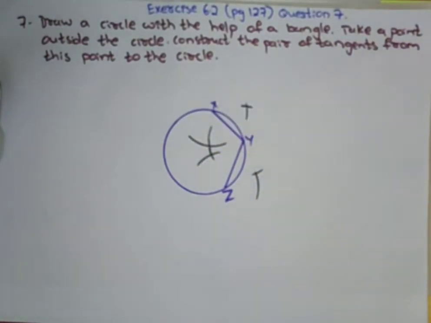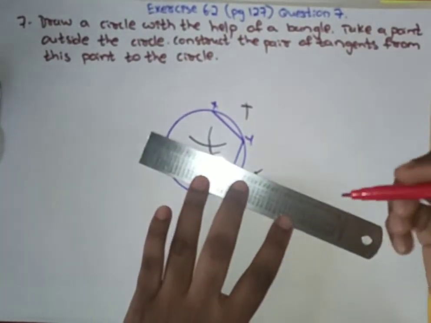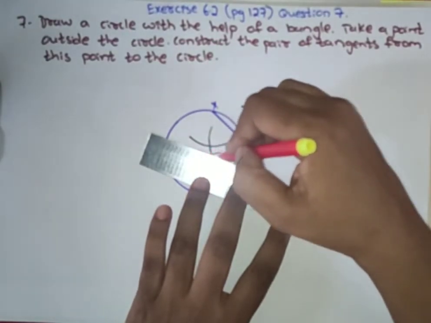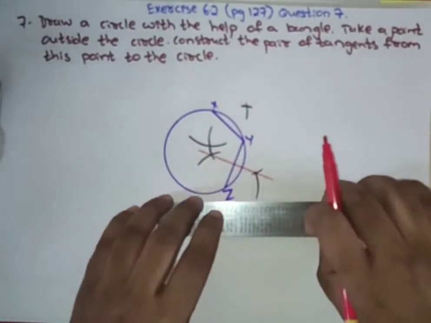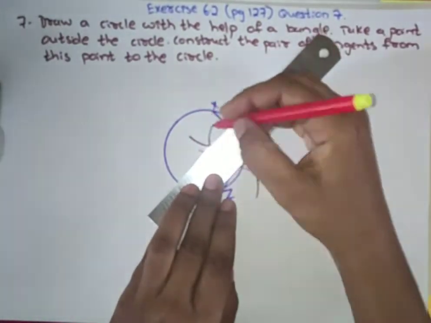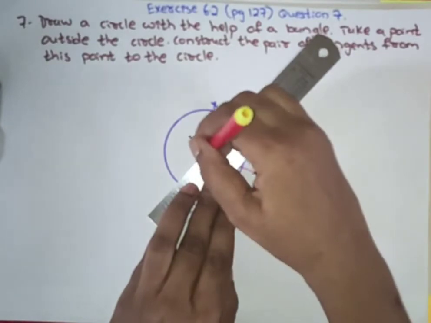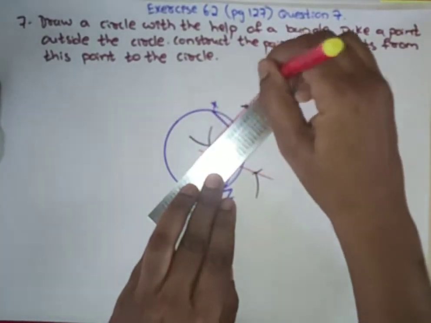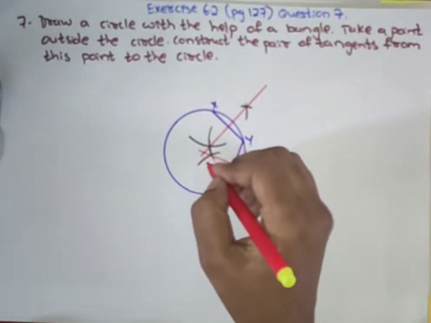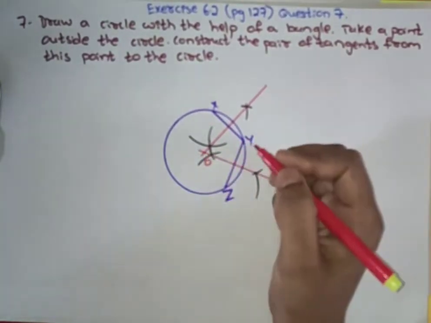Now join these intersection arcs. See, this intersection point is our O, the center of the circle.